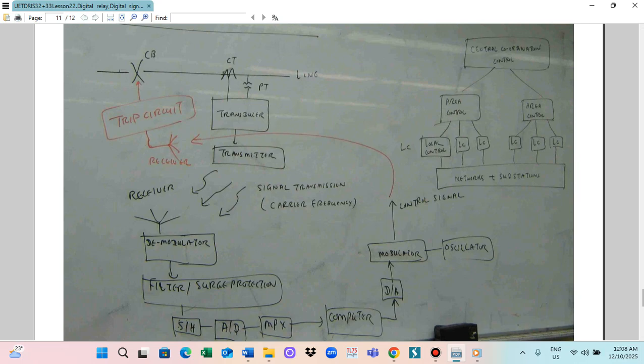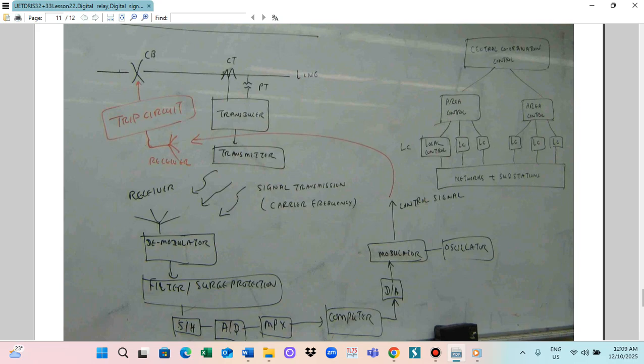We use a central coordination control connected to the area control, like this. The area control also has a local control. The local control is AC, here also AC, AC, and AC.